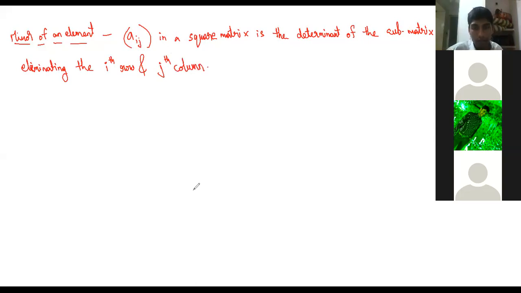I think submatrix is a new word. Did we define submatrix in the first class? No. Just write submatrix here in a box.